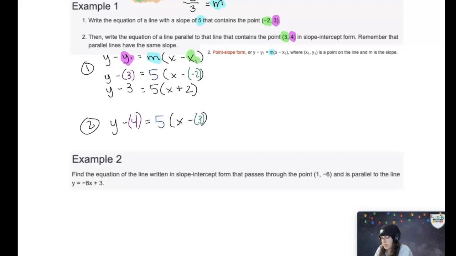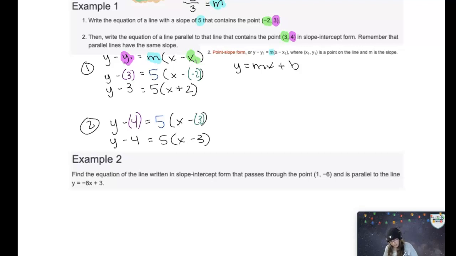Okay, so now we have the equation y minus 4 equals 5 times x minus 3. But they want it to be in, this is called point slope form. But what do they want it to be in? In slope intercept form. So they want us to change it into y equals mx plus b.